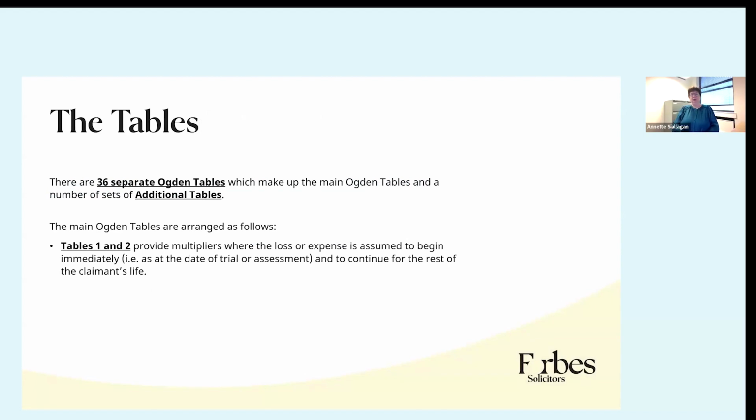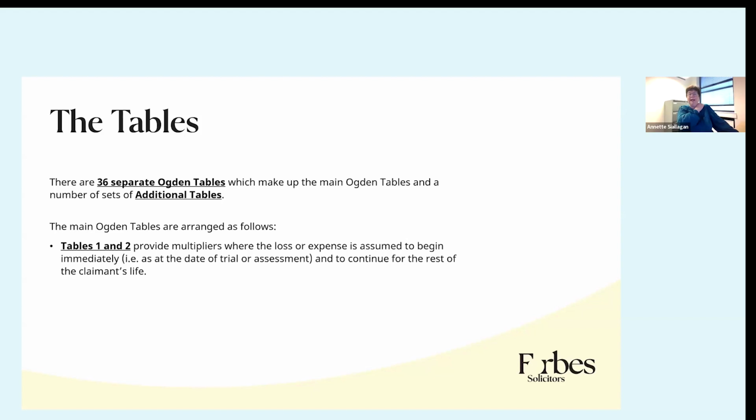So I just want to talk about the tables themselves. There are 36 main Ogden tables. I think I've touched on before, tables 1 and 2. Table 1 is for males, table 2 for females. This is where the loss or expense is assumed to begin immediately, so at the date of trial or assessment, and continue for the rest of the claimant's life.